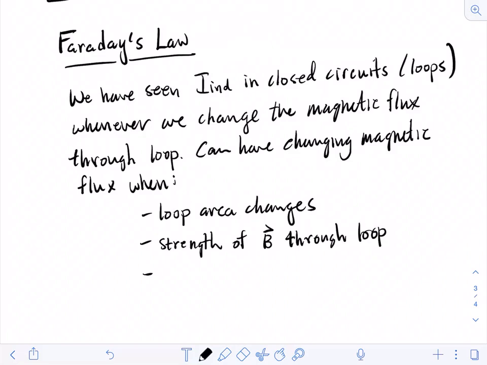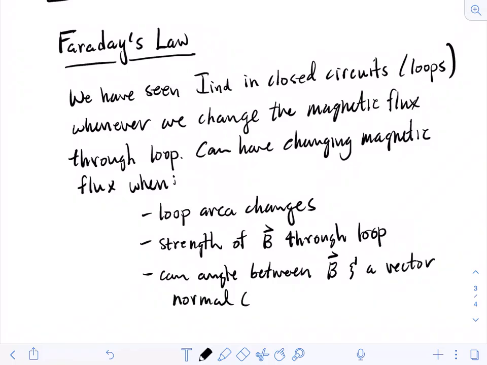And so we could change the angle between the magnetic field and a vector that is normal or perpendicular to the loop area.